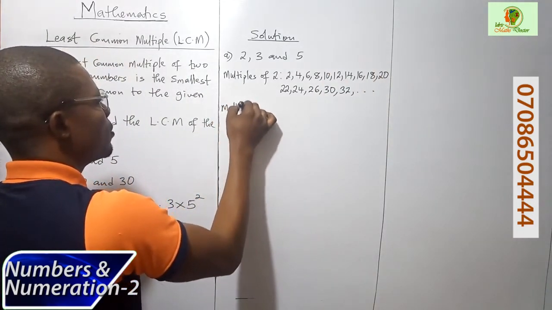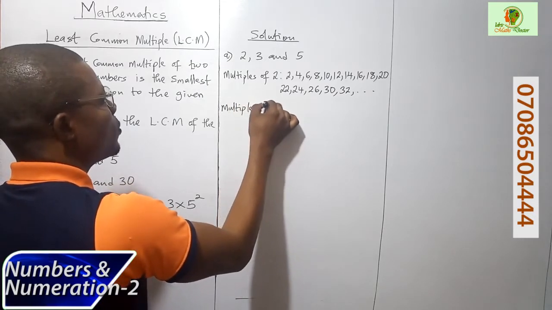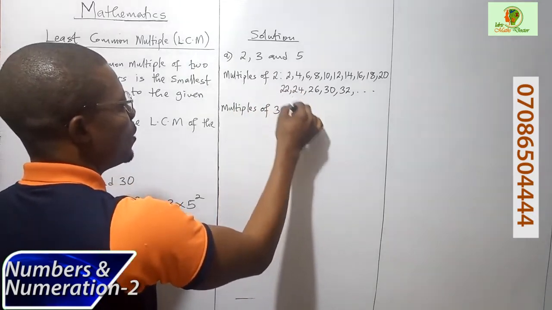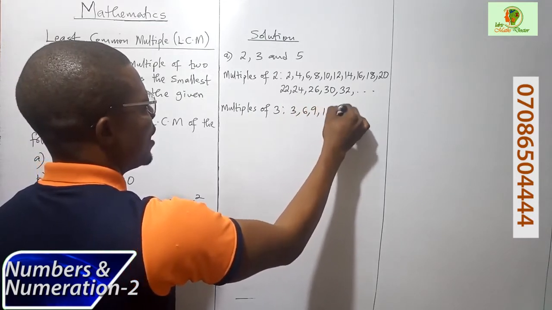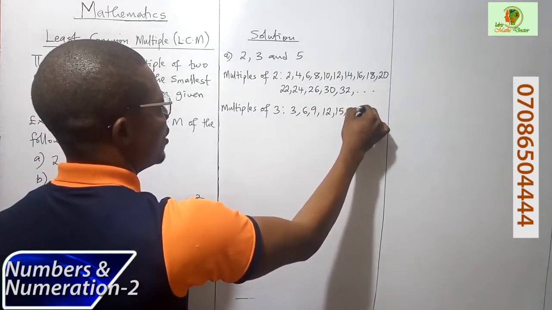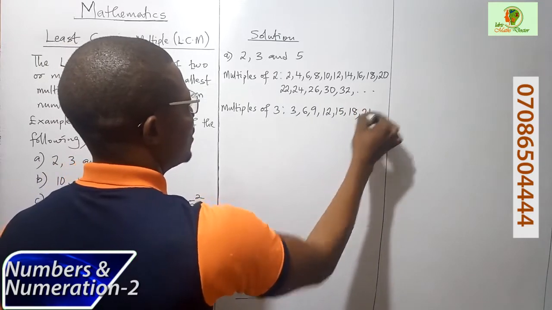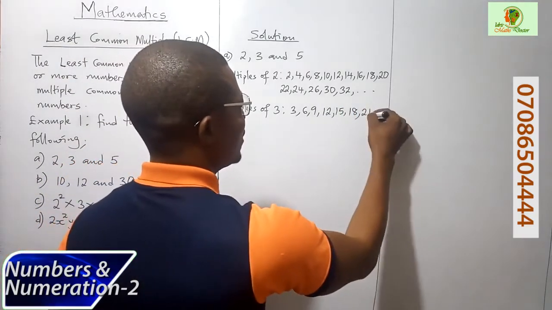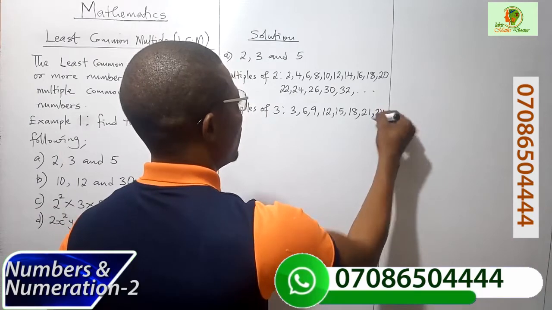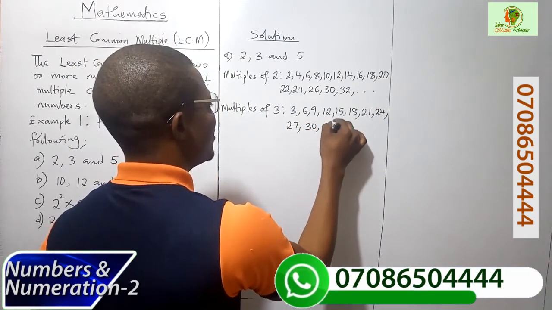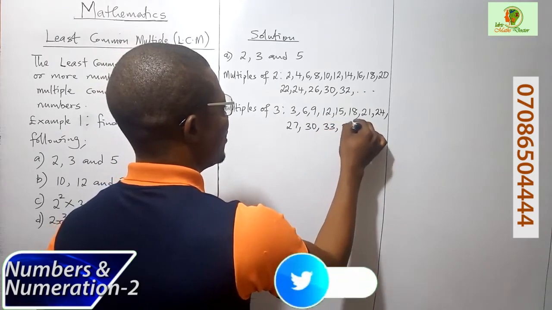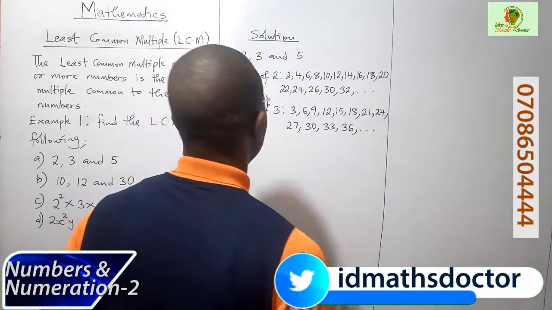Multiples of 3: we have 3, 6, 9, 12, 15, 18, 21, 24, 27, 30, 33, 36, and so on.